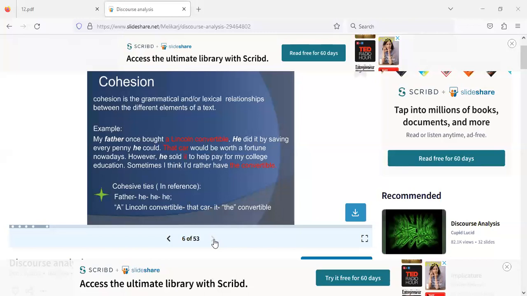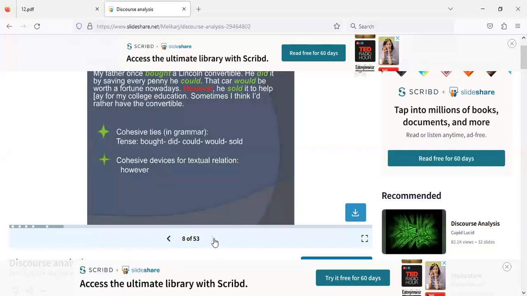Okay, so that is the cohesion. But if you want to analyze the connectedness in a text, it's not simply based on this connectedness. So beyond that, we need to analyze it. Now, in the next one, we'll see how it is related with spoken.